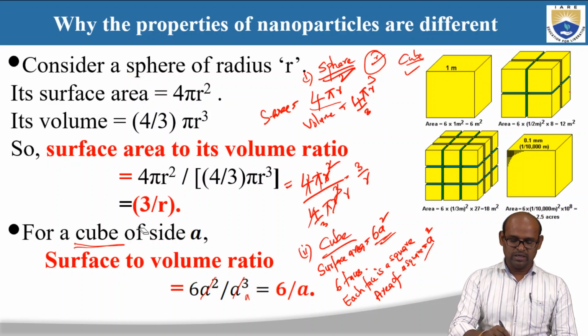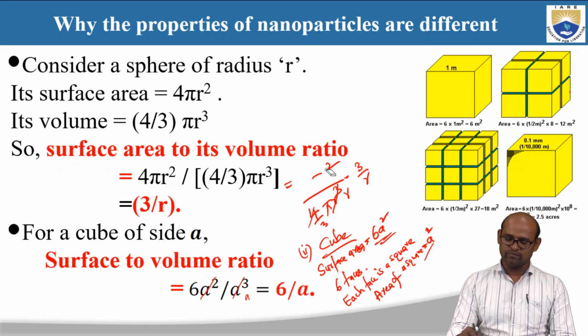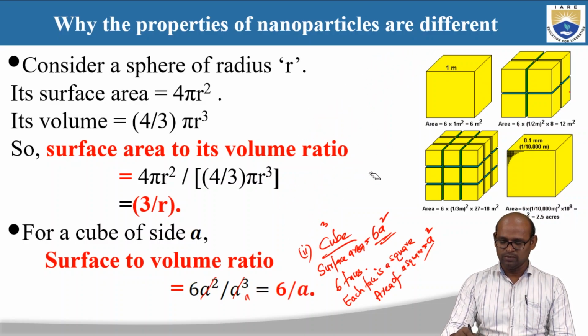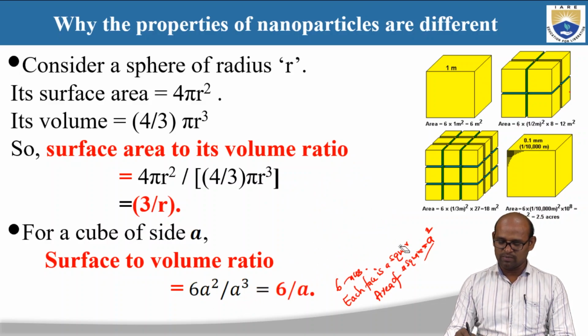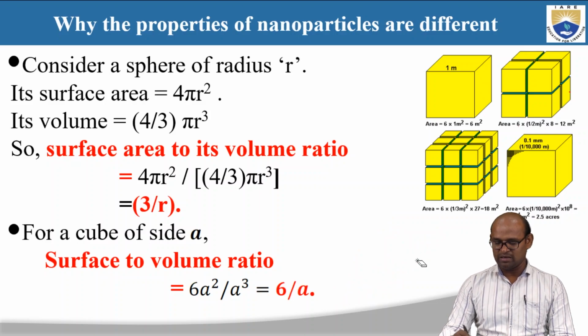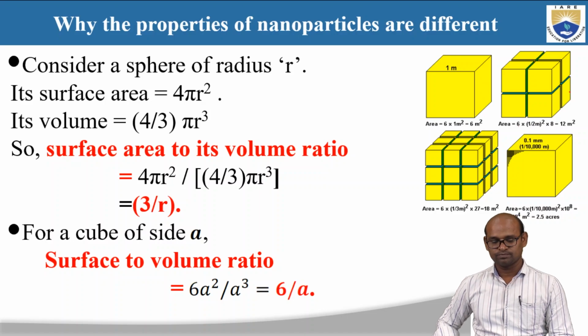So that is the reason why the surface to volume ratio is one of the important phenomena because of which the properties of a nanomaterial change.